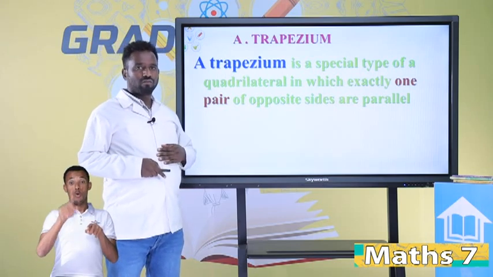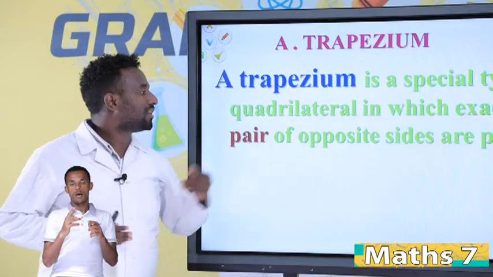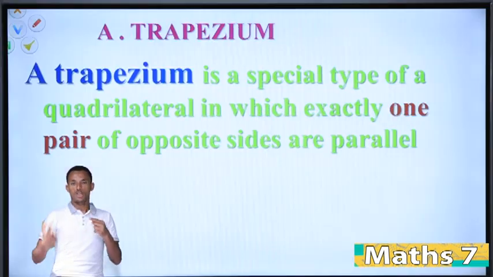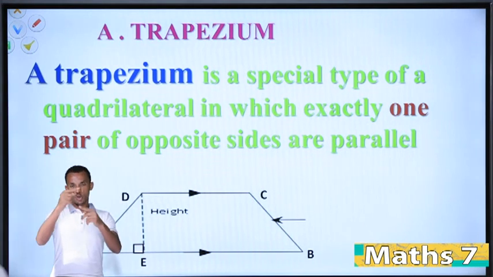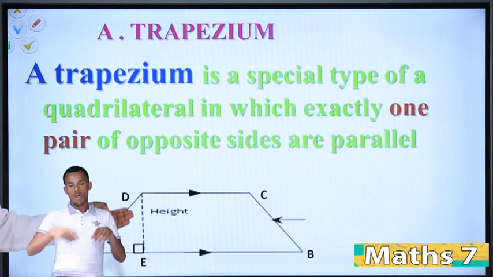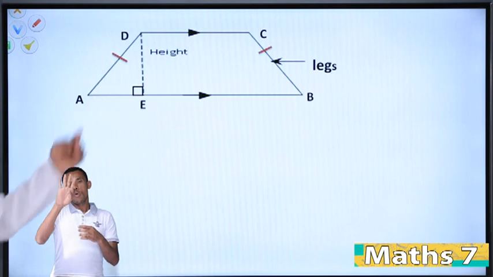Don't forget, unlike the other quadrilaterals, a trapezium has only one pair of opposite sides parallel. This is the geometrical figure of a trapezium, showing a base, a leg, interior angles, and a height of the trapezium.